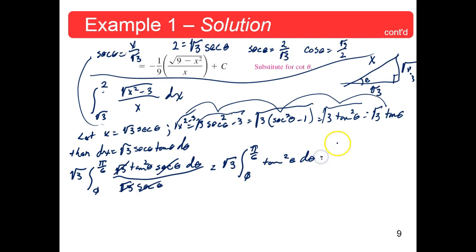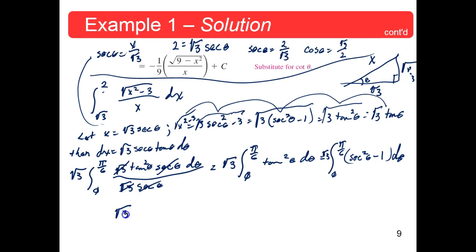This is the same as root 3 times the integral, my root 3 will do, from 0 to pi 6 of, and what is tangent squared theta? Secant squared theta minus 1 d theta. Now, that one we can do. I just said that is the antiderivative of something.